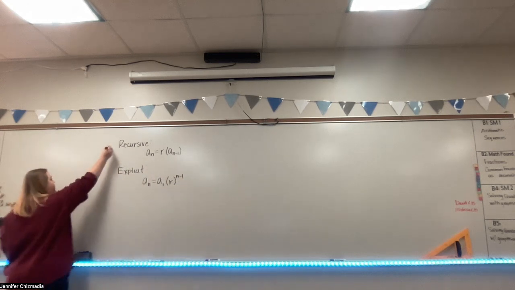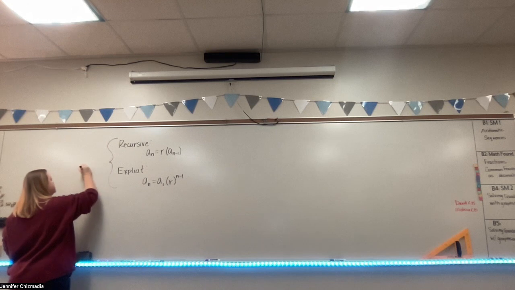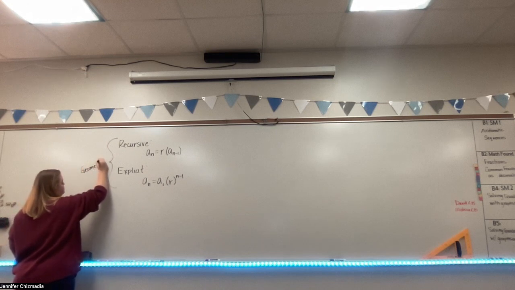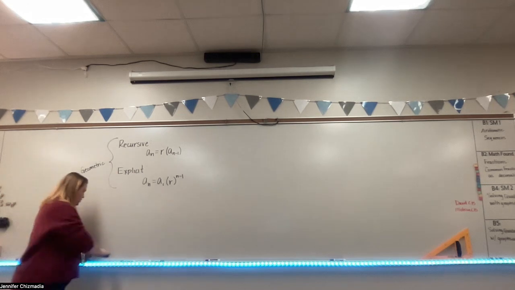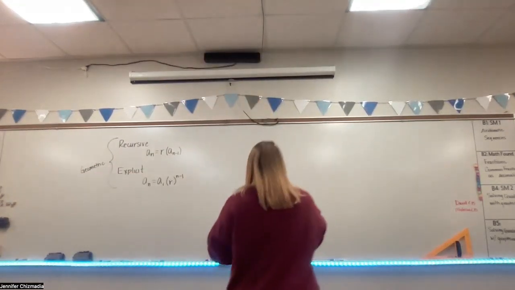Okay, so these are our geometric ones. All right, so there's our magic formulas. You don't want to lose those. Want to keep those handy. So let's look at number 1.